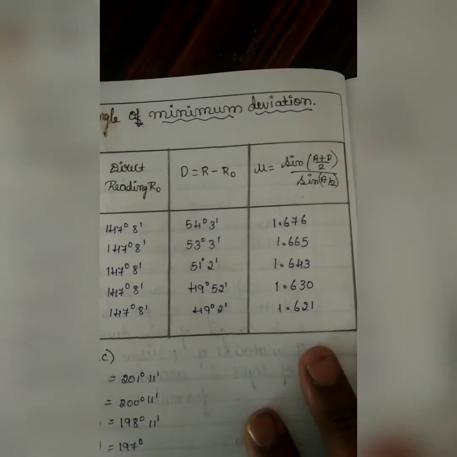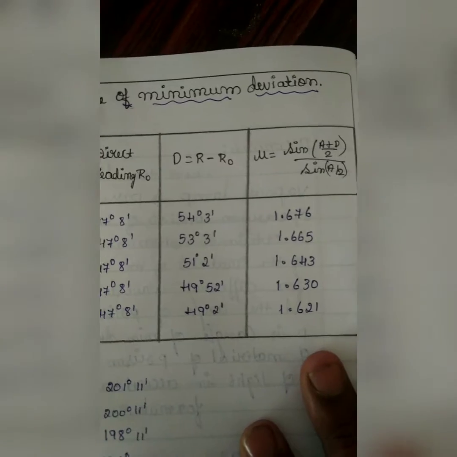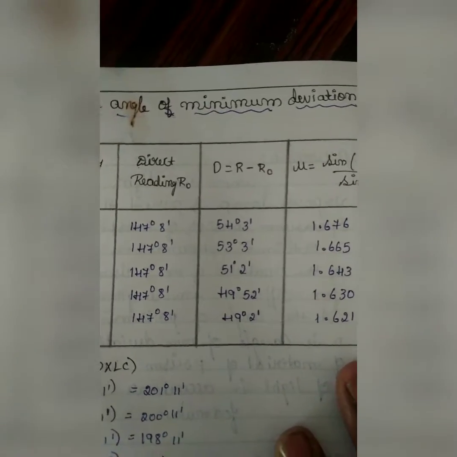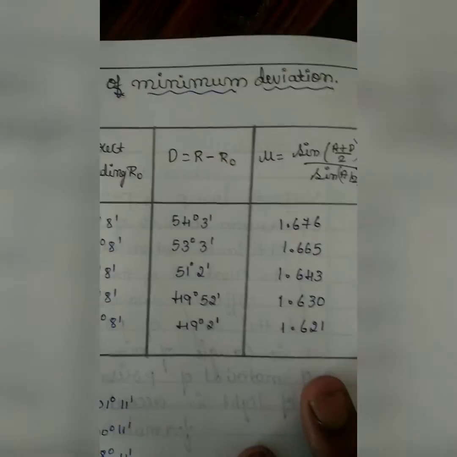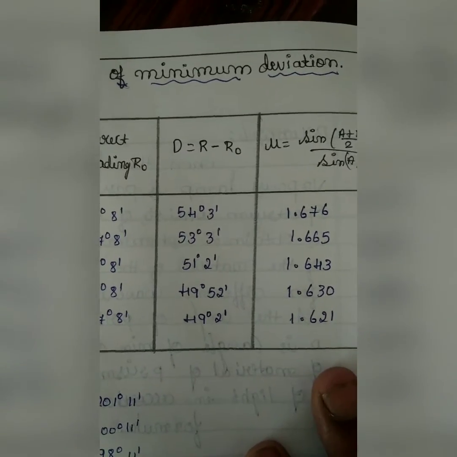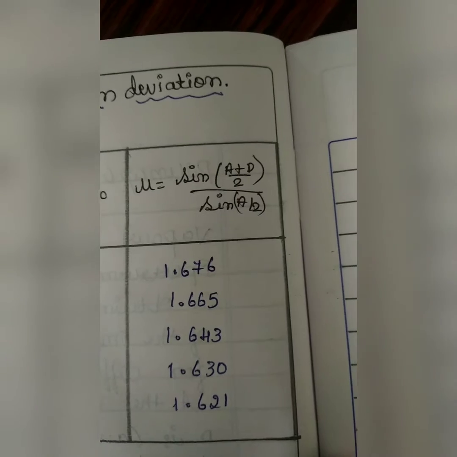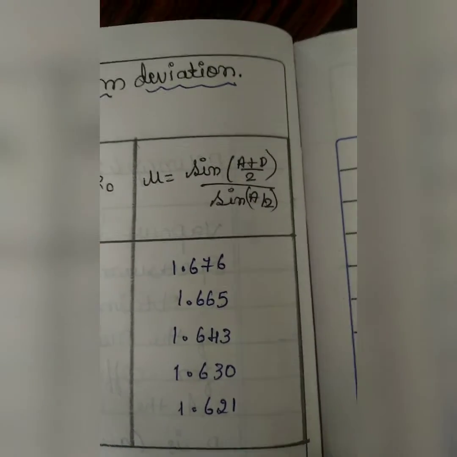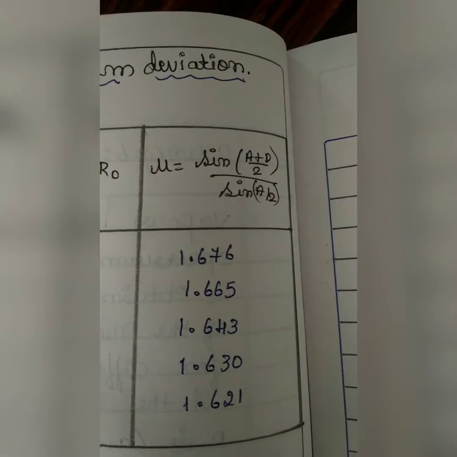Then you have to find the deviation angle from the white slit, that is, at what angle the color lines are deviated. That is calculated using the formula D equals R minus R naught. After that we find the refractive index for the given colors using the formula sin of (A plus D) by 2 divided by sin of A by 2, where A is the angle of the prism, that is 60 degrees.